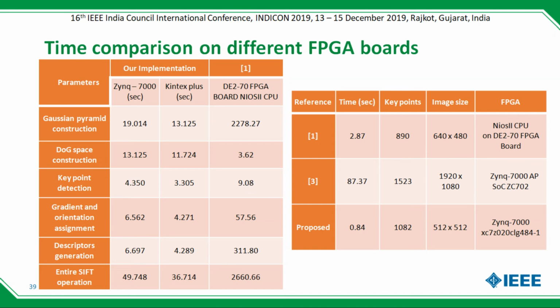For 512 cross 512 itself it is almost 1000 key points, and the time is very less. So even here my model is better. If I even double the size, the key points will also get doubled.